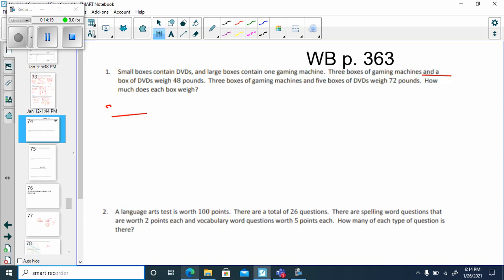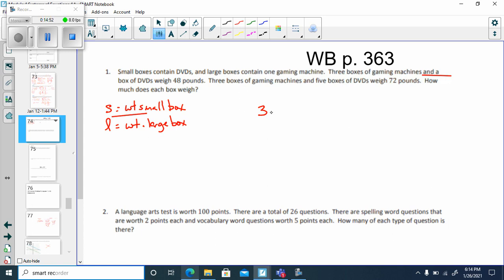Okay? I call S the weight of the small box. Then we've got our large boxes. I'm going to call L the weight of a large box. All right. 3 boxes of gaming machines.